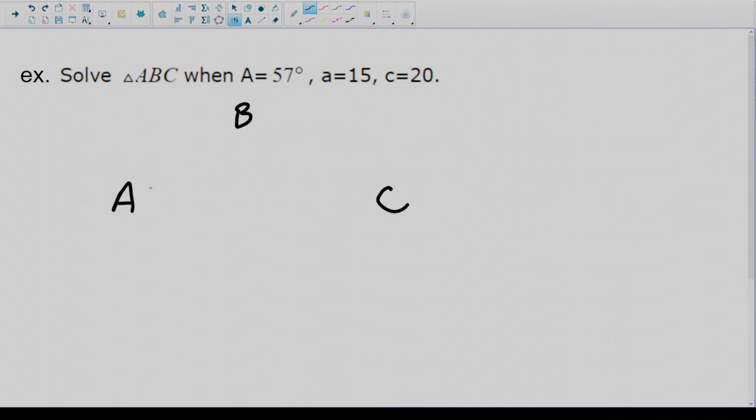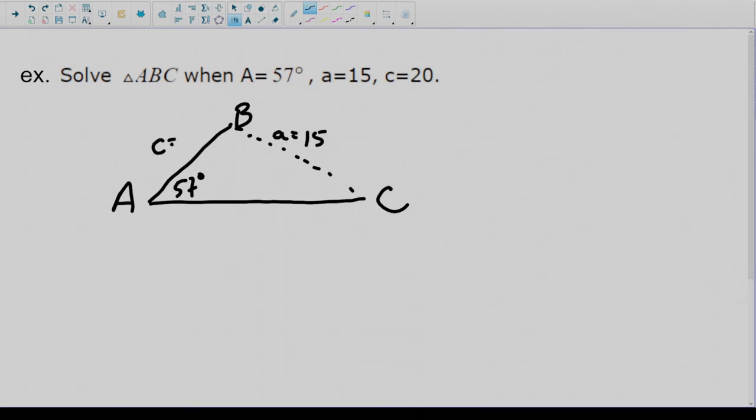Okay, so I'm going to draw this line down here, this line up here. This is going to be my 57-degree angle. Okay, now I'm going to put a dotted line where the 15 is for now, because I want you to notice that that 15 is smaller than the other side length that's given to me.